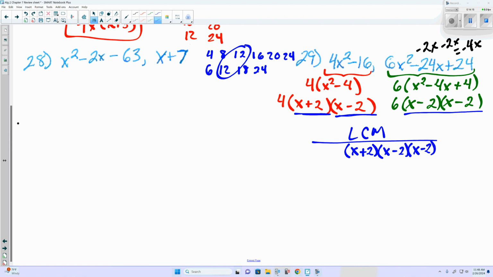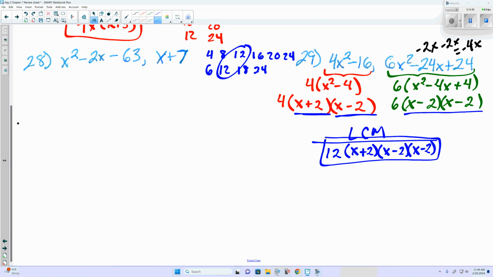I mean, we can keep going on from there, but 12. So the least common multiple for this here is 12 times x plus 2 times x minus 2 times x minus 2. And that's it.